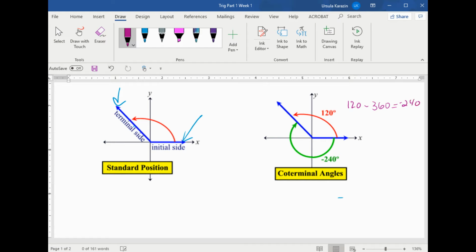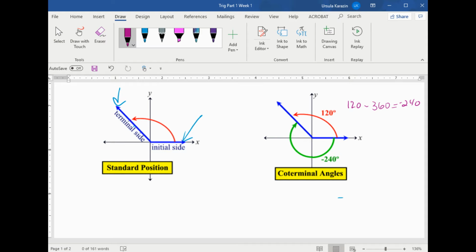If you do 360 minus 120, yes, it will give you the 240, but it won't remind you that it's negative. So I can take my given angle, subtract 360, and get a negative coterminal angle.